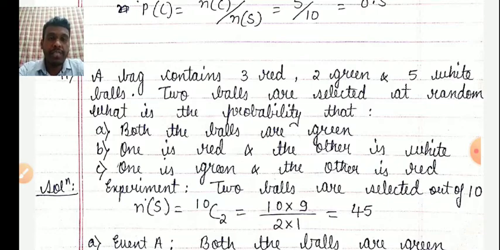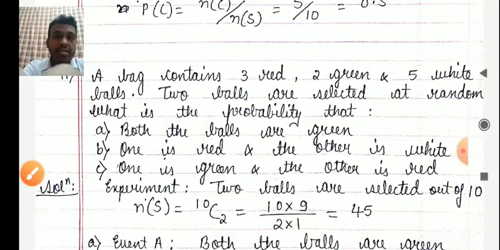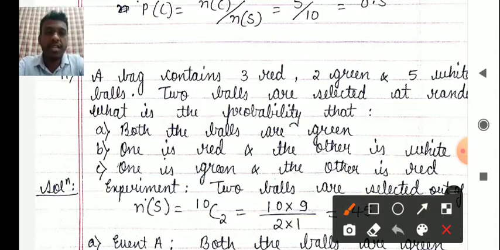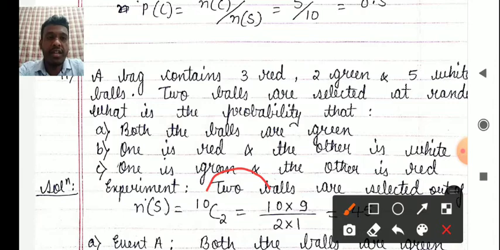How this comes, I have explained in a previous example. Now how this comes is, the first number is taken here, 10, in the numerator, and you have to go one step behind each time.